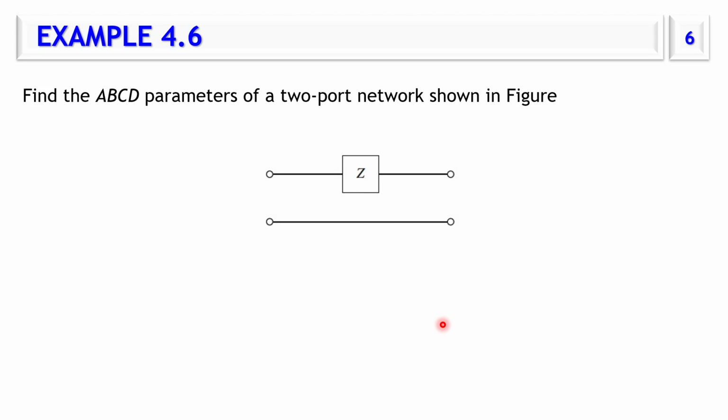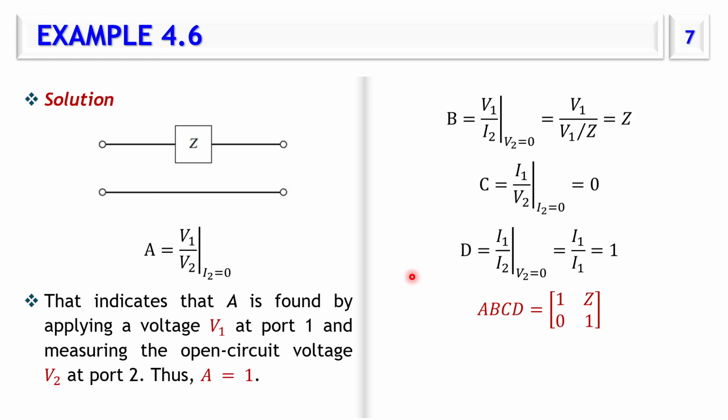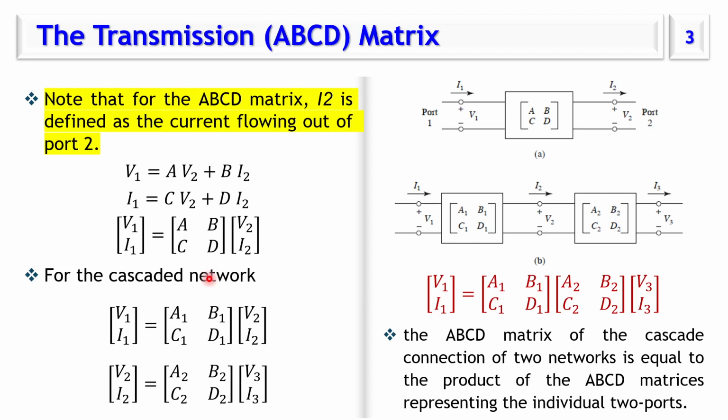So let us do an exercise on the usage of the ABCD matrix to characterize a two-port network. We have this network here, and we want to find the ABCD matrix for this network. So we go by the definition. The definition of A is V1 over V2 when I2 equals 0.